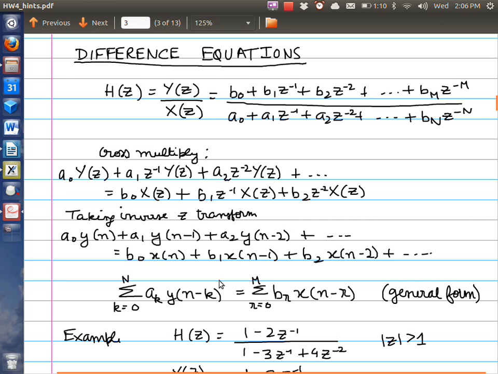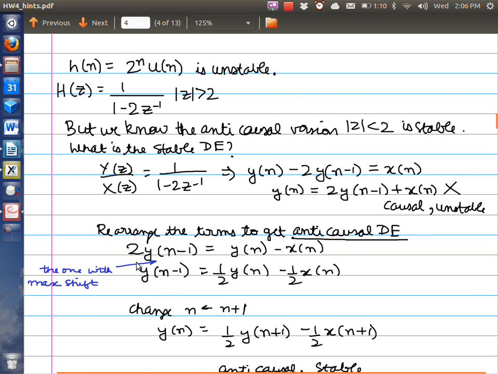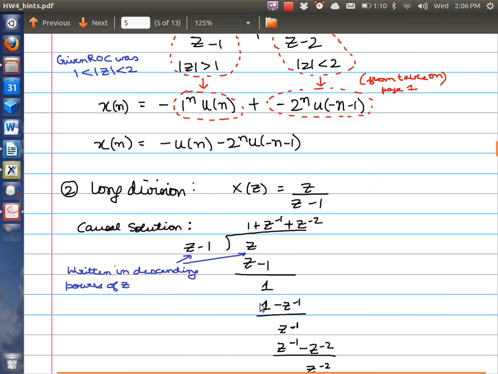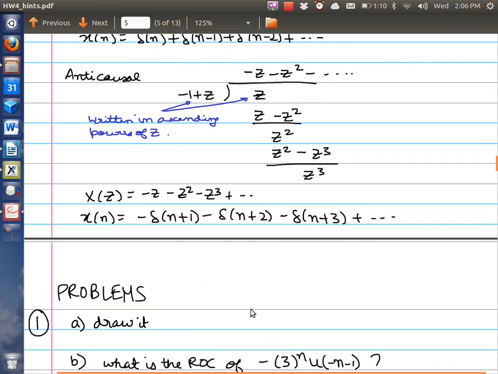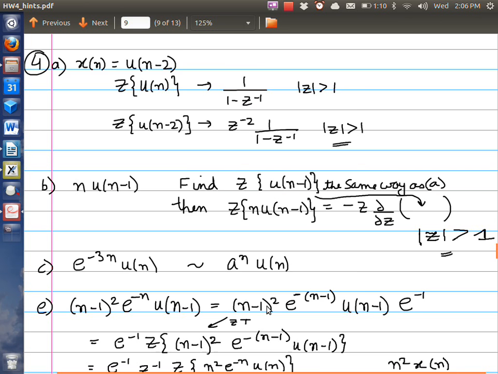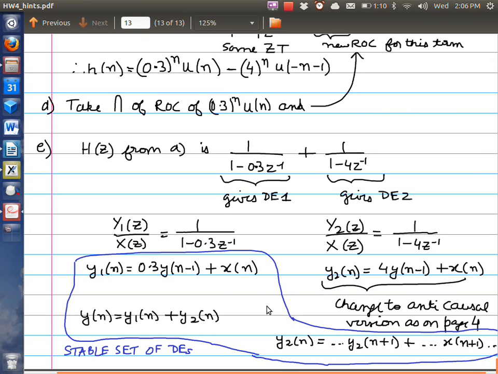So make sure you understand this and you're able to relate it to your difference equation. And then how to write the anti-causal version, we did this on the problem. Then the partial fractions, long division, and then the homework problems, just give them your best shot and turn in what you are able to do. It's okay, but make sure you're thorough on the test, and any problems similar to the tests that are on the homework, make sure you're good on that.